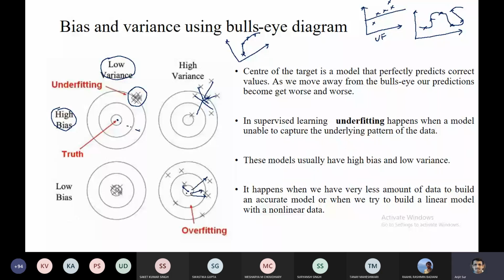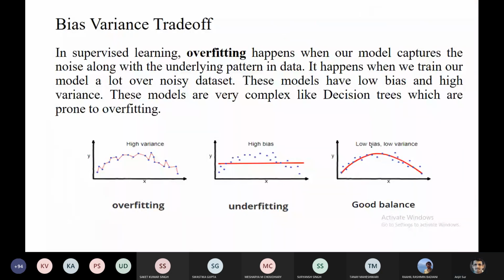This is the variance. These are also very high. It happens when we have very little data. This is called high variance and low bias. High bias, low variance is underfitting. And what is overfitting?